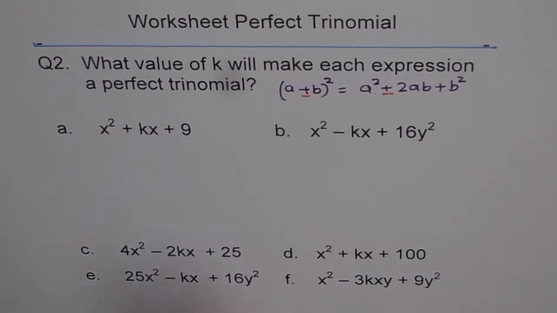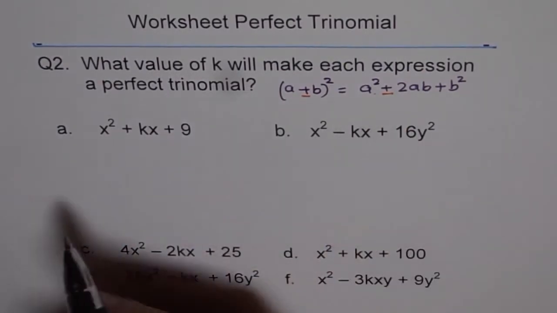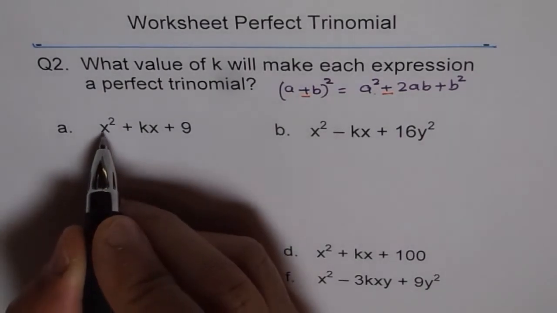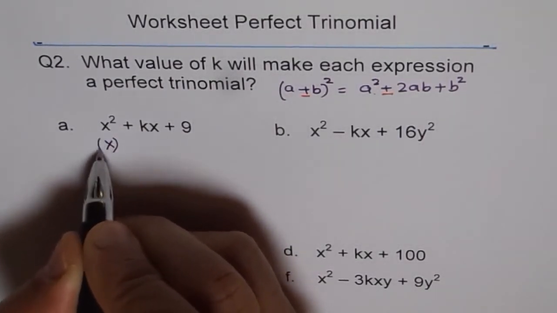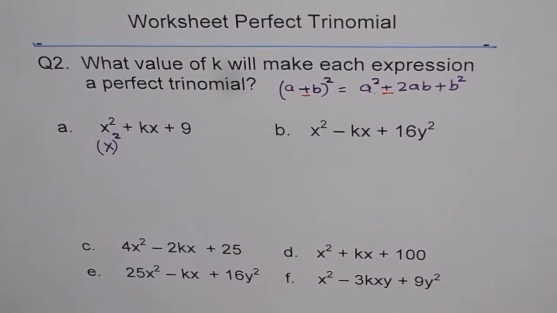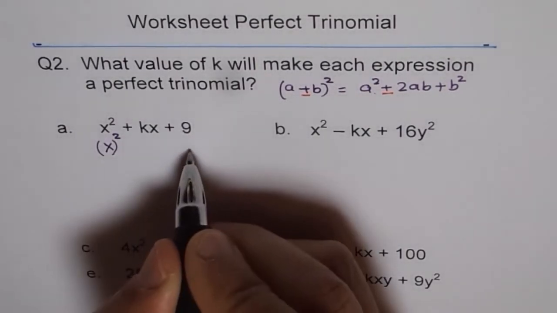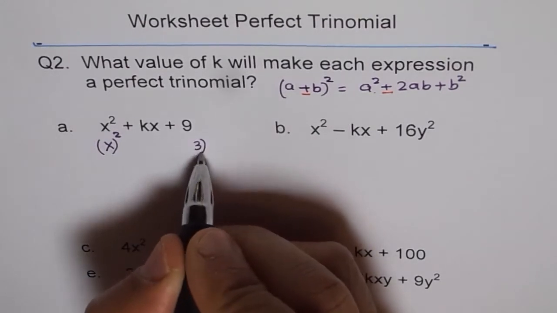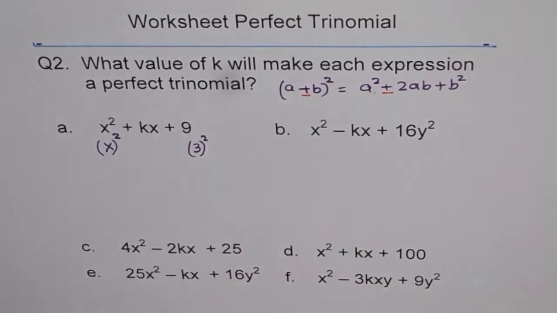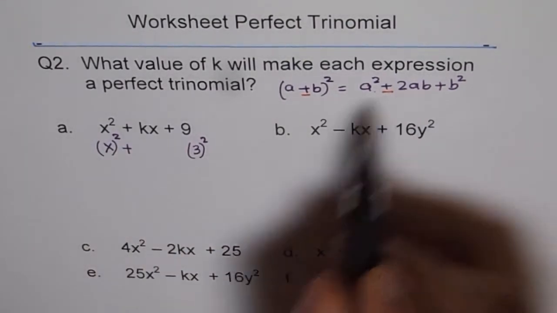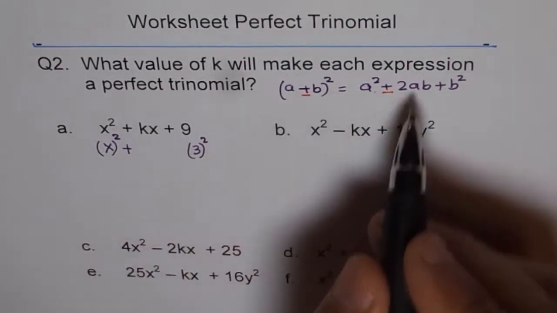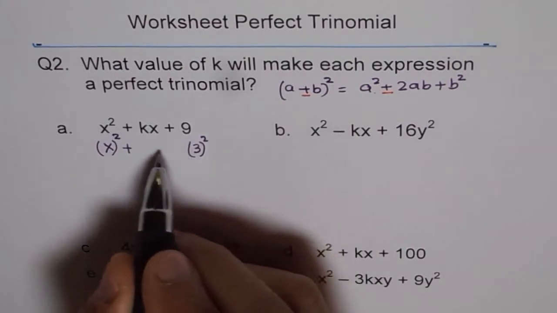Now, how do we correlate them? It's already written as x squared. Now see how I'm going to write it. X, and I'm putting x in brackets, x squared, right? And 9, I can write this as 3 squared, correct? 3 squared is 9. Now the center term for me should be 2 times ab, right? 2 times these two. So what is 2 times 3?